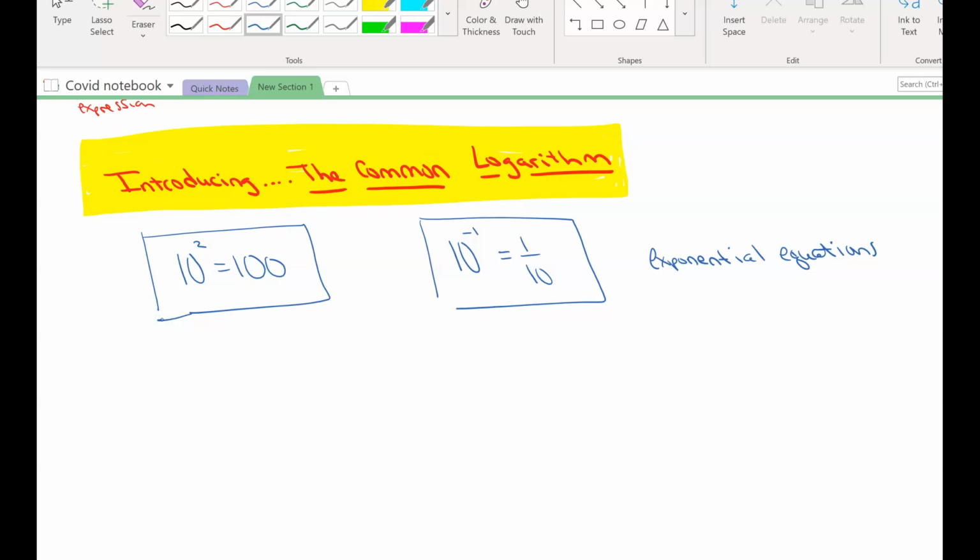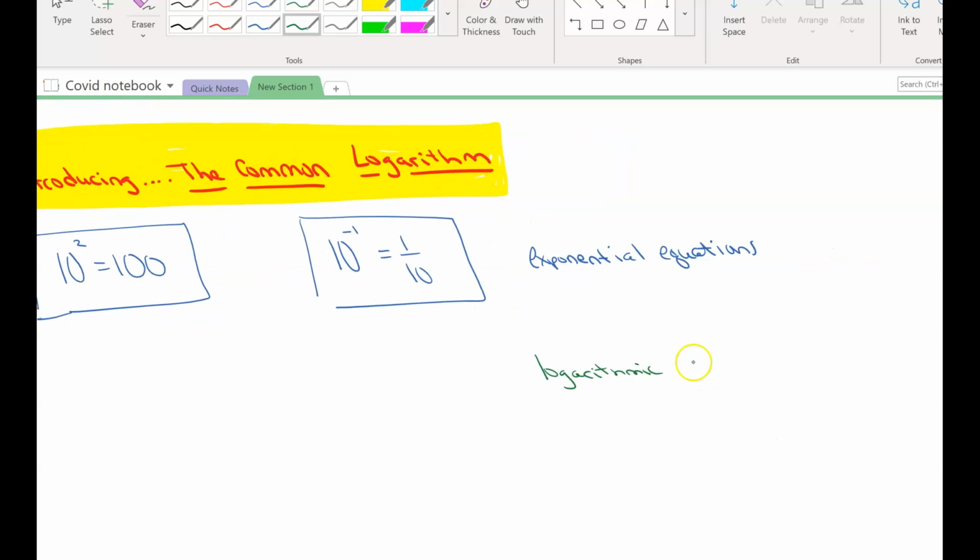Okay, I am going to rewrite these exponential equations as equivalent statements, but rather than expressing them as an exponential equation, I'm going to express them as a logarithmic equation.